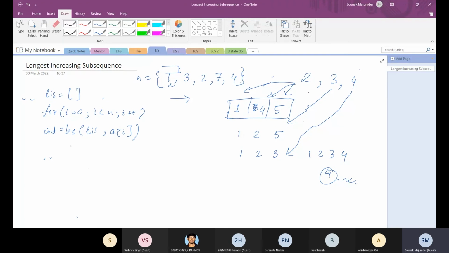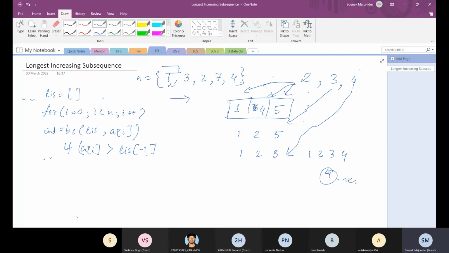So here we find the index. If a of I is greater than lis of -1.